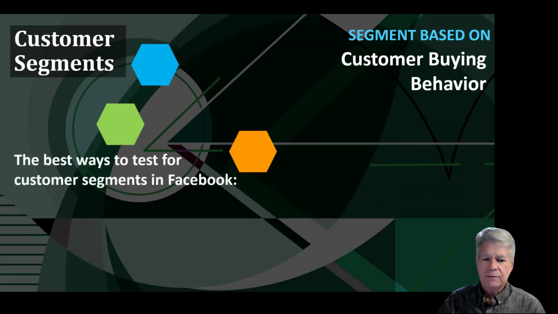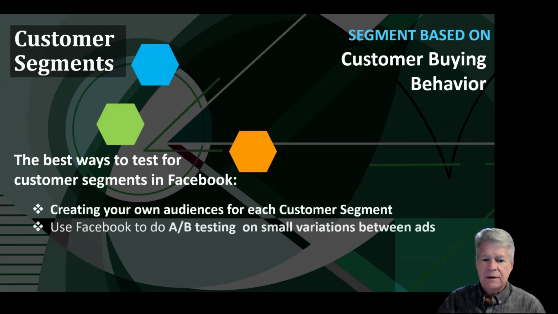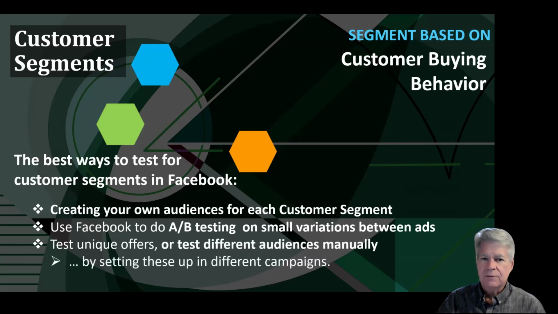The best way to test for customer segments in Facebook is by creating your own audiences for each customer segment. Then using Facebook to do the A/B testing on small variation between ads. But you should always test unique offers or test different audiences manually by setting these up in different campaigns, or at least doing this at the ad set level.